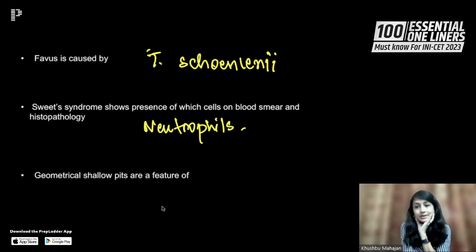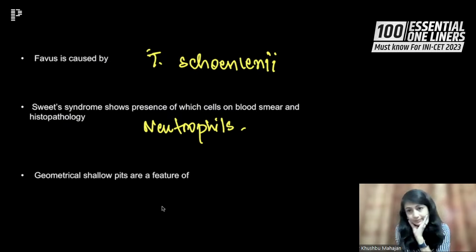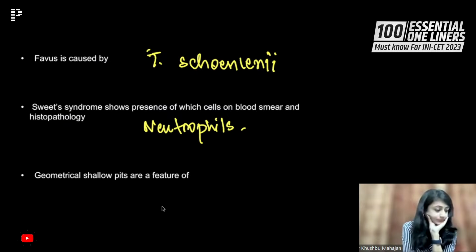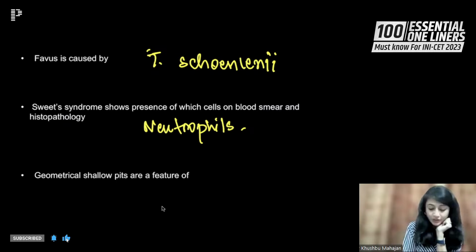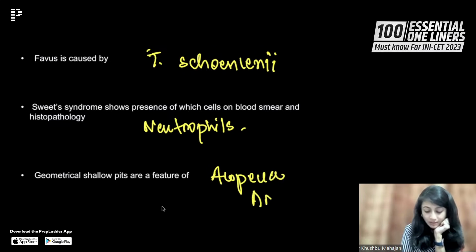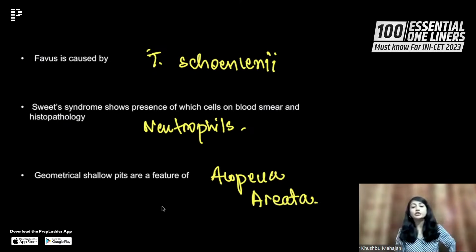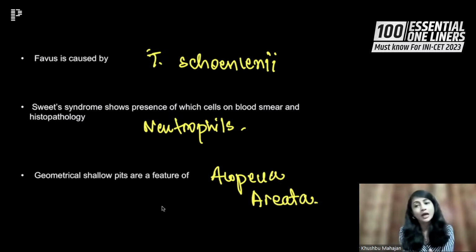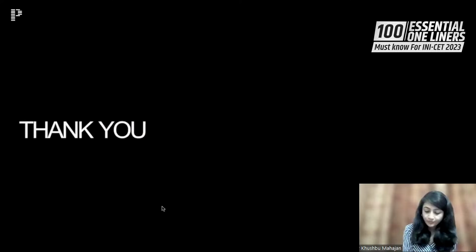Geometrical shallow pits are a feature of... Where do you see geometrical shallow pits? Amazing. Alopecia areata. You're right. Pits are also a feature of psoriasis, but there they are deep, random, and irregular. In alopecia areata, you see geometrical and shallow pits.